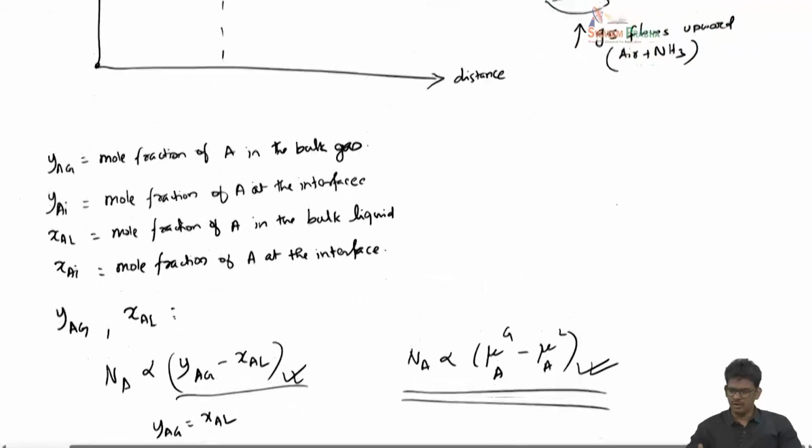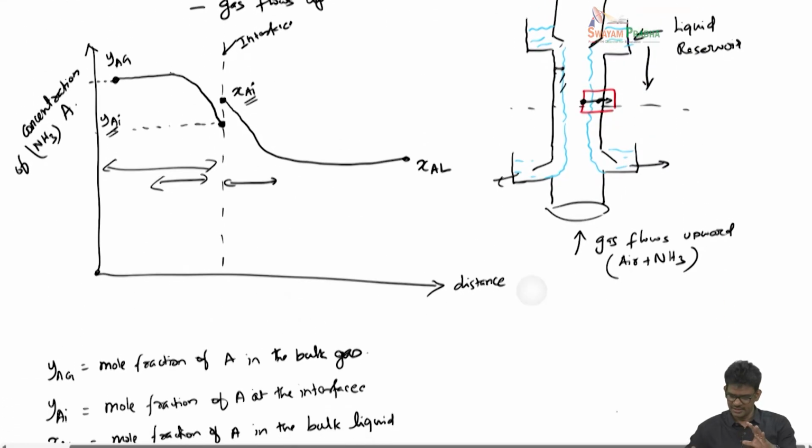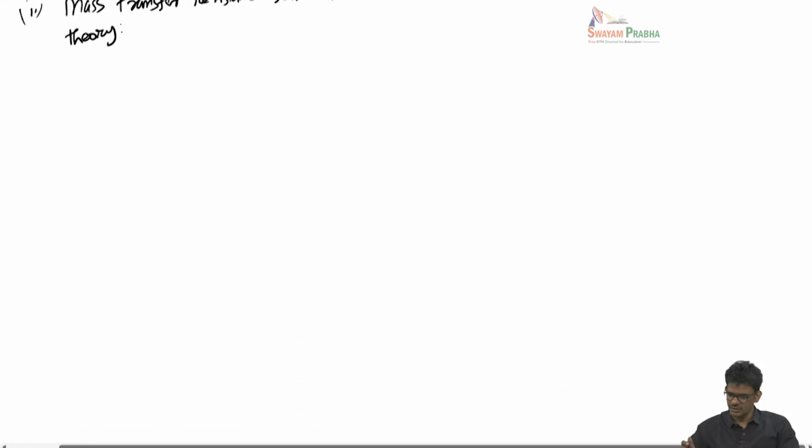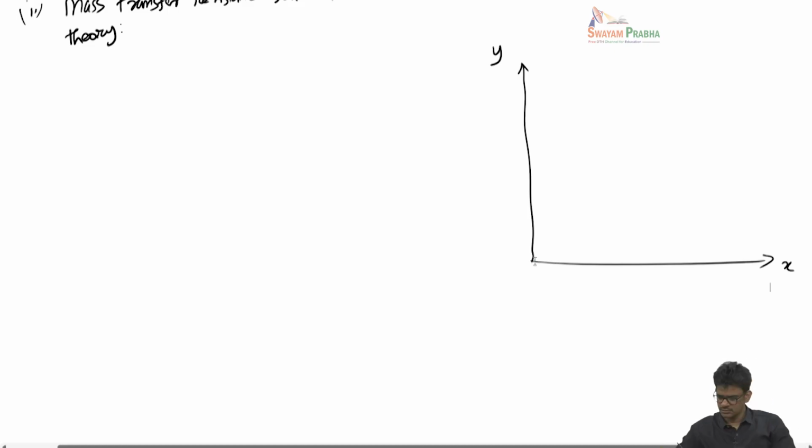Now let us plot this particular information in a slightly different way so that we can relate it to an equilibrium curve. I already showed the equilibrium line, y versus x. So imagine this is your equilibrium line. So this is the equilibrium curve.